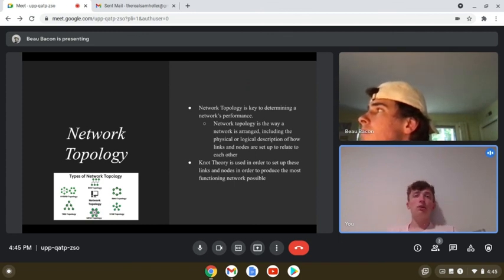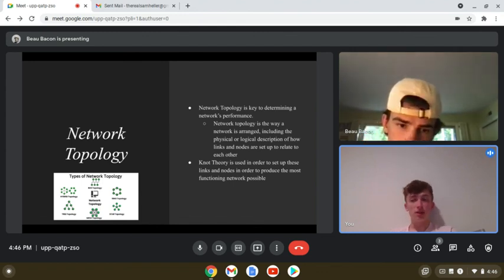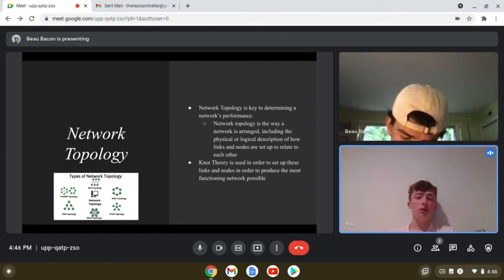We are able to use knot theory to set up these links and nodes in order to produce the most functioning network possible. As you can see in this bottom right diagram, we have different setups of network topology that produce different functionalities, and with knot theory, we can create these different types of network topology.